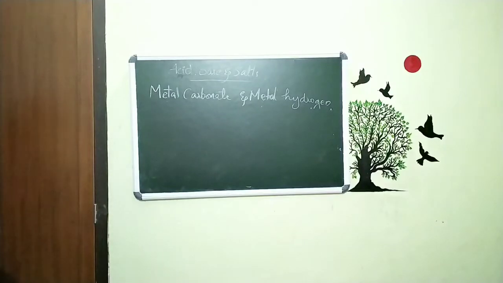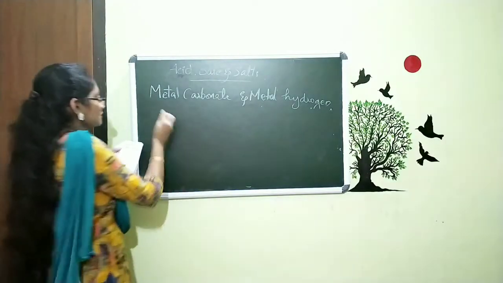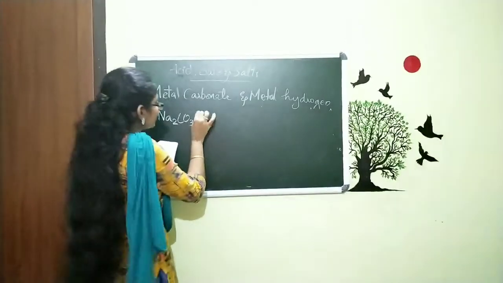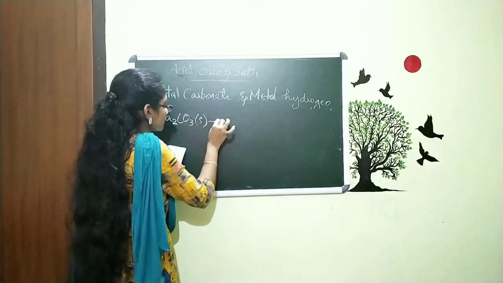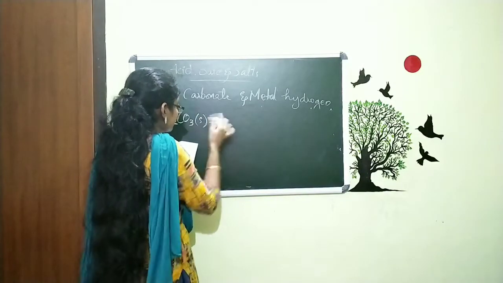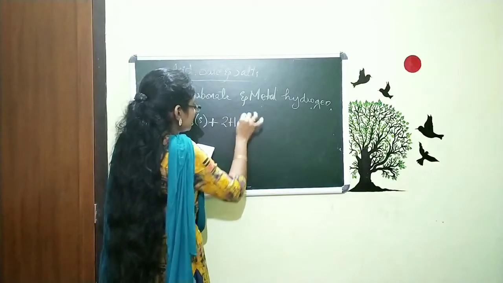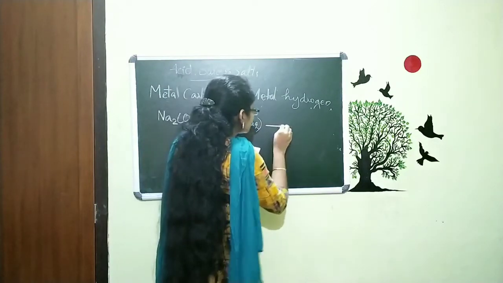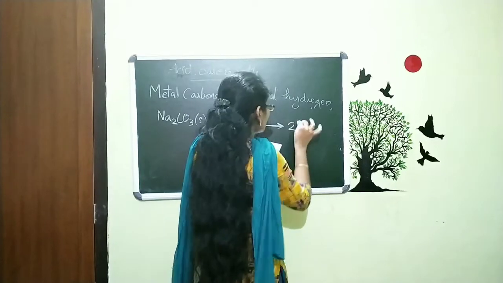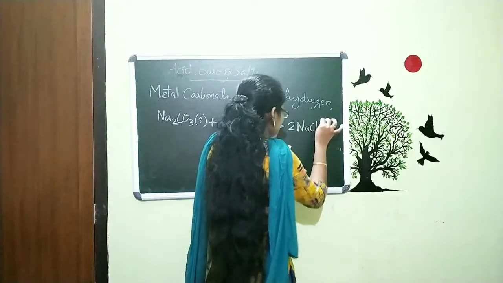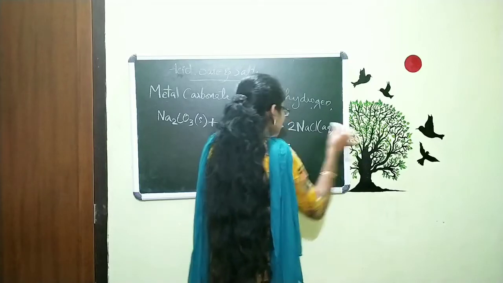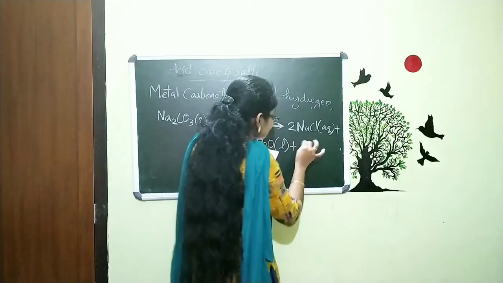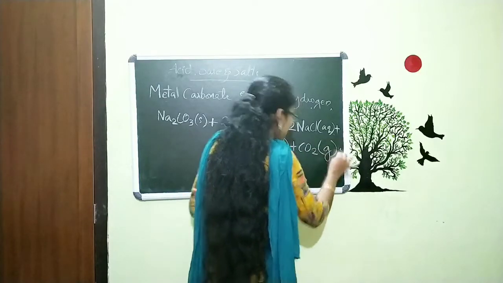First, with the metal carbonate, that is the sodium carbonate. Na2CO3, which is solid, reacts with 2HCl, that is in aqueous form, and we get the product as 2NaCl, that is in aqueous form, plus H2O, that is in liquid form, plus CO2, carbon dioxide.